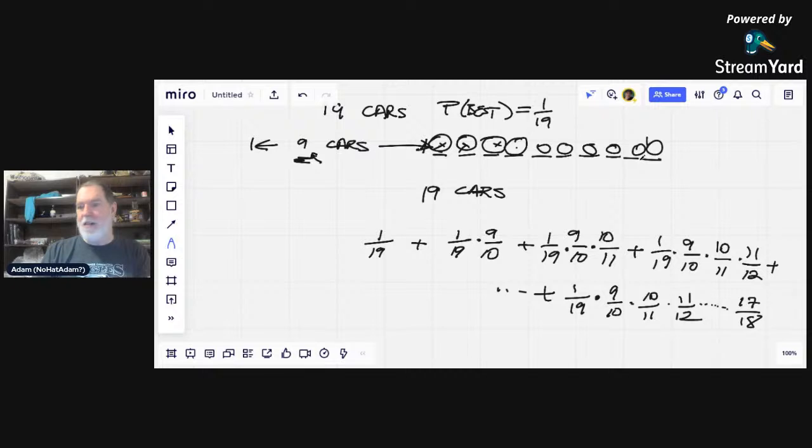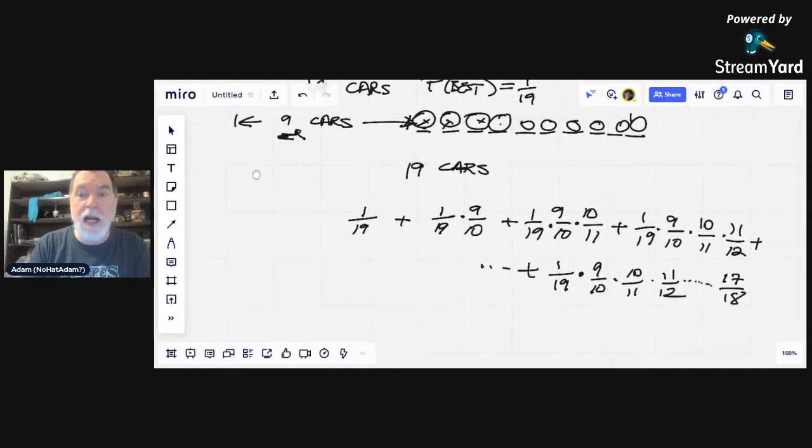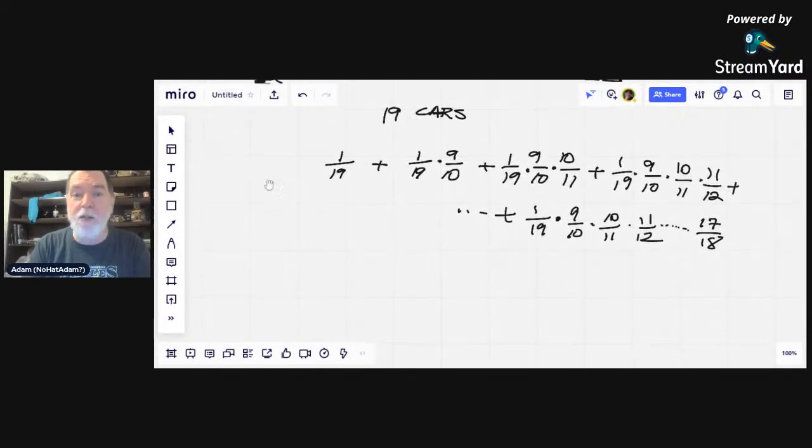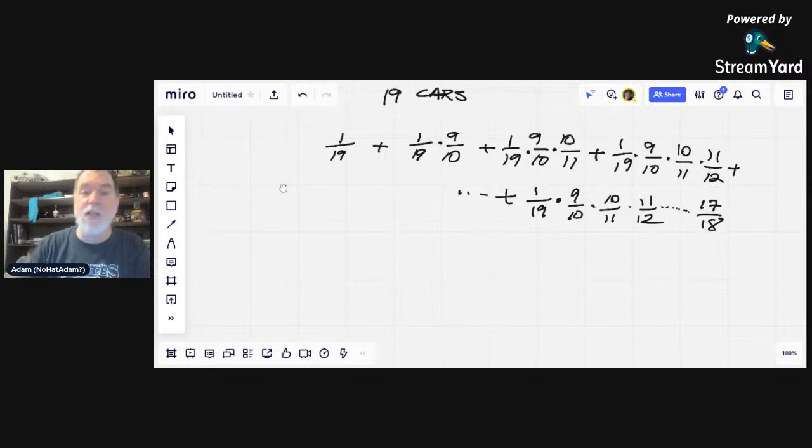Okay, and so the odds of that are pretty good. Okay, that it's not the best. So now we're going to sum up all of these things here. And there are some patterns that we can follow to simplify this tremendously.